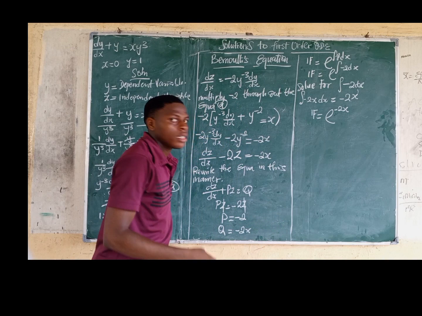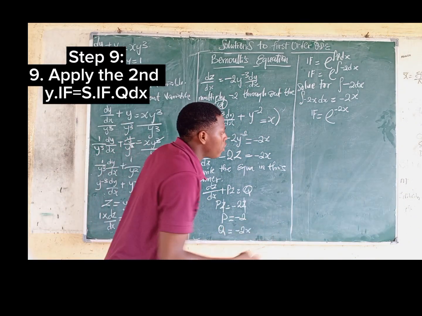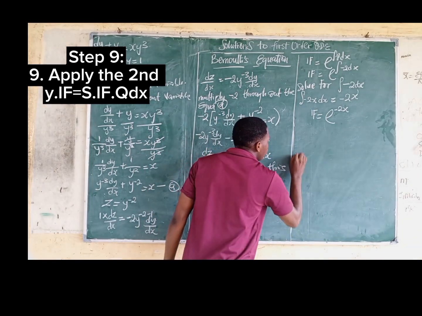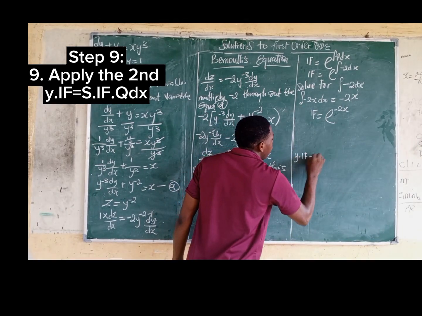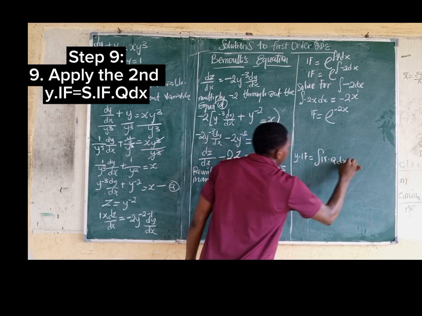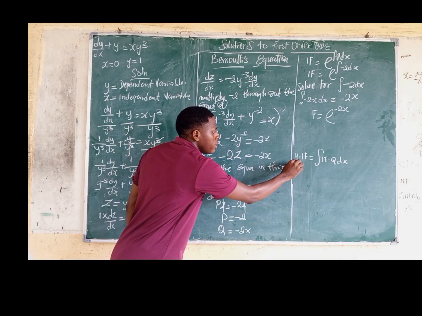The next thing is to apply your IF statement. Now, we know that our IF statement in our step was y dot IF equal to integral of IF dot q dx. But in this case, we are using z.